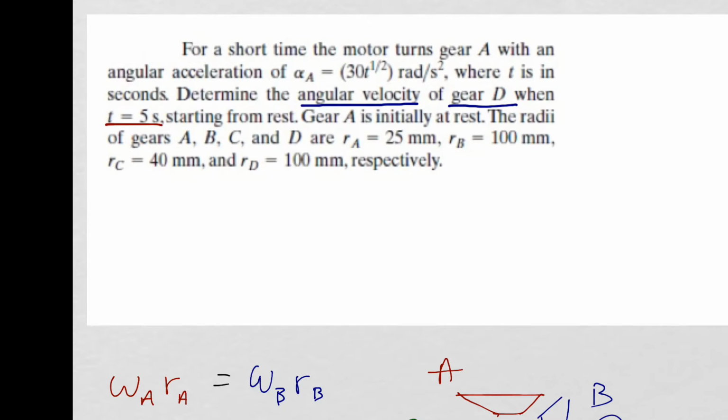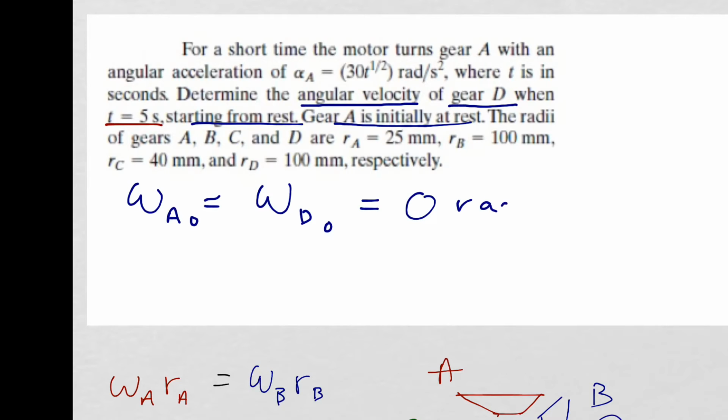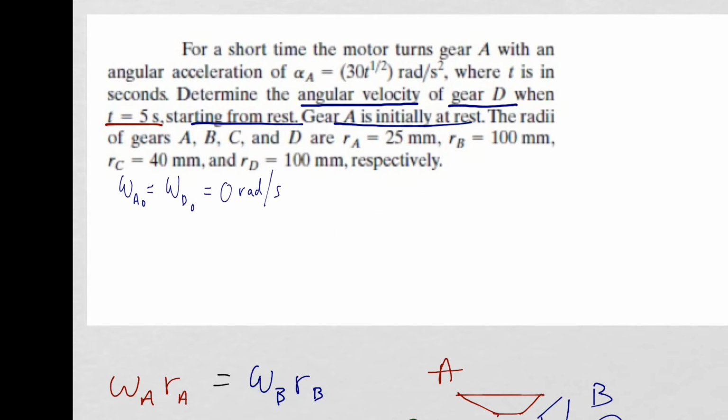So the condition is starting from rest. So gear A is also at rest, which means gear A and gear D are at angular velocity 0. Initial condition. So they are 0 radians per second. Okay, so that is the condition we are having.